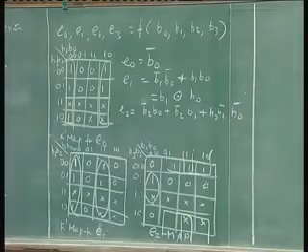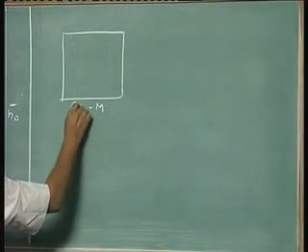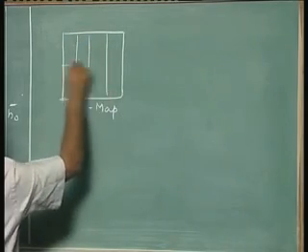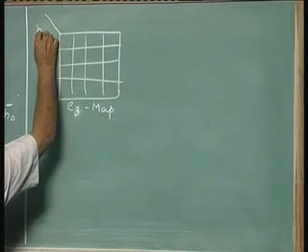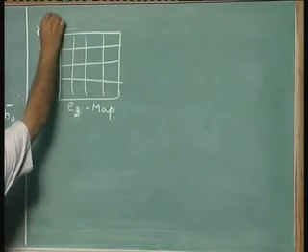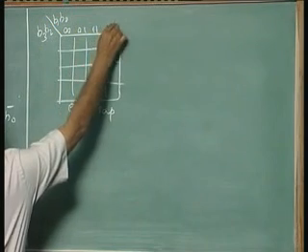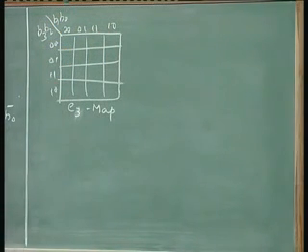And then the last map will be for E3. E3 map, I'm sorry. E3 map. Oh, this will be B3, B2, B1, B0. First 5 zeros, then 5 ones.